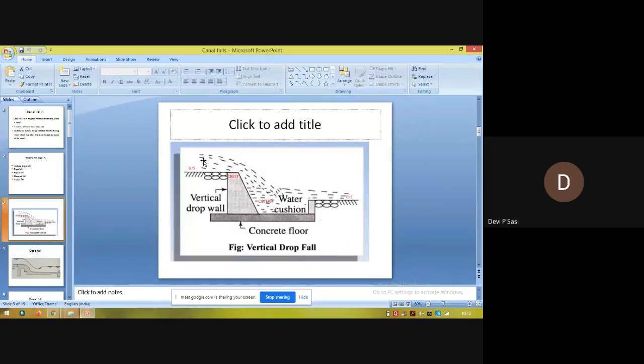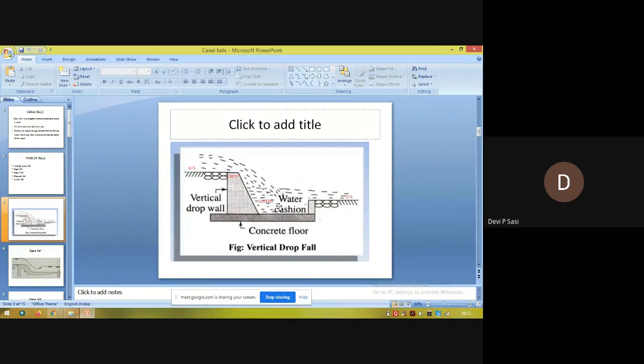You can see that the movement of the water is from upstream towards the crust, then the water comes to the cistern, and afterwards to the downstream region. The excess energy of the water flowing over the crust is destroyed when it comes into the water cushion. This region is a cistern, and it provides a water cushion.